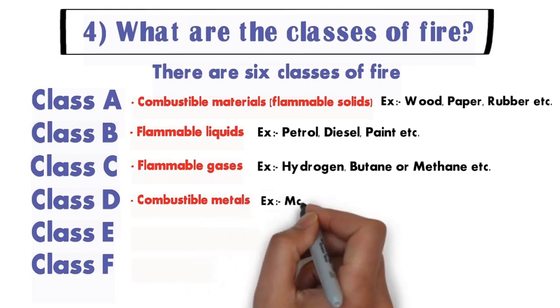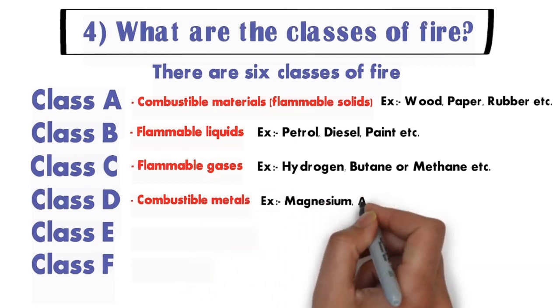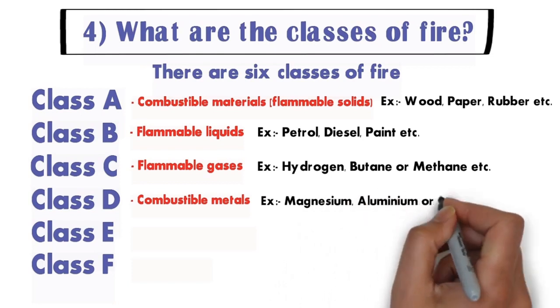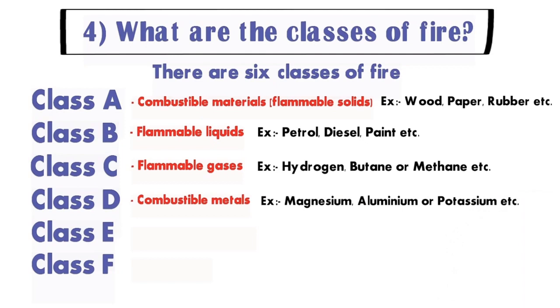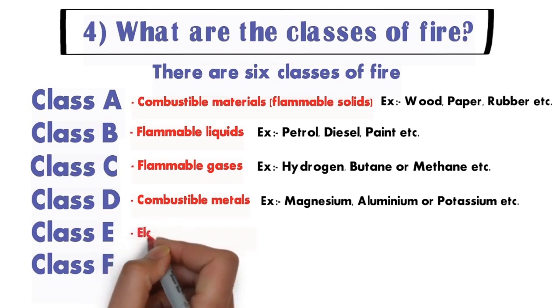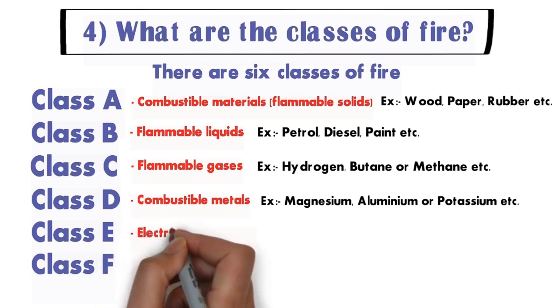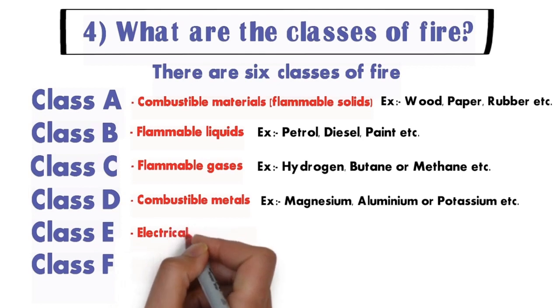Examples of such are magnesium, aluminium, sodium, potassium, and the likes. These are all combustible metals, and you should know that they can also be available in your workplace and also at home.